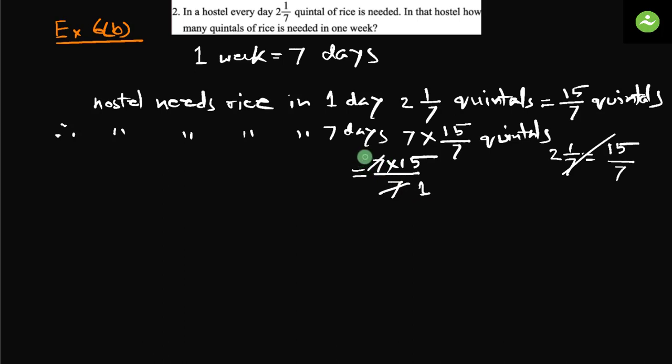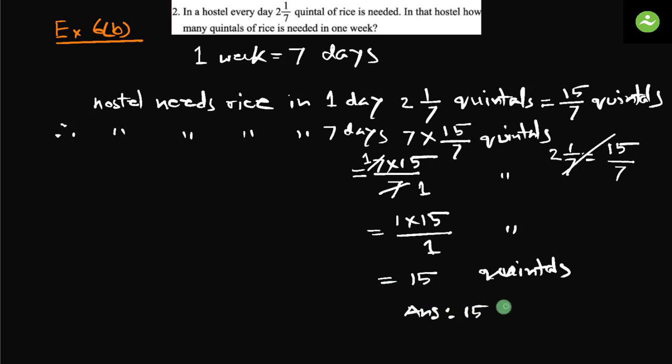Divided by 7 will be 1. So what do we get here? 1 into 15 over 1 means 15 quintals. The answer is 15 quintals.